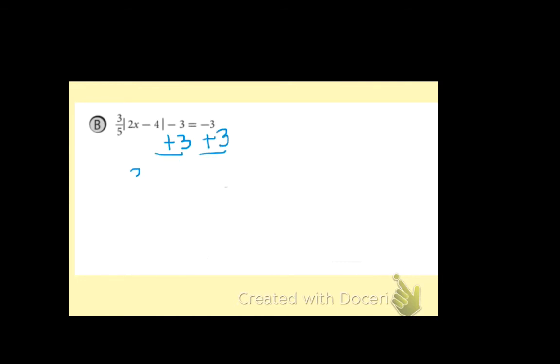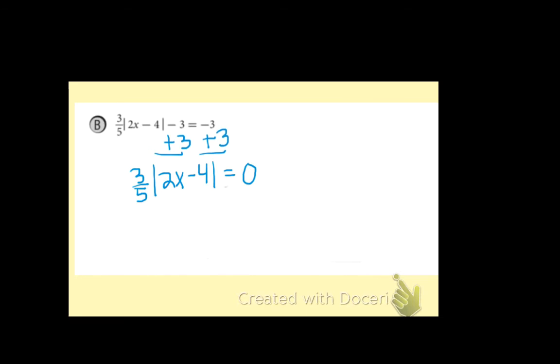And that's going to leave me with 3/5 times the absolute value of 2x minus 4 equals, well, when I add 3 to both sides, it actually cancels out the negative 3 on the other side, giving me absolute value of 0.